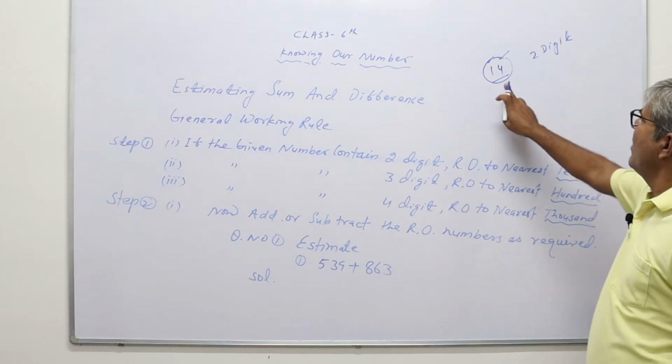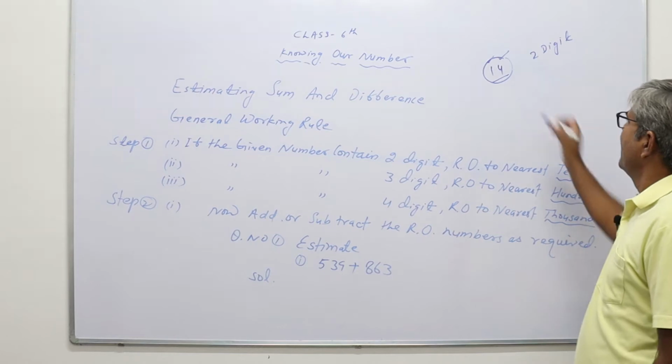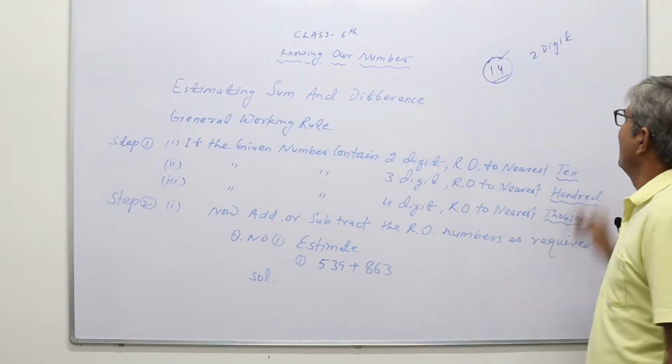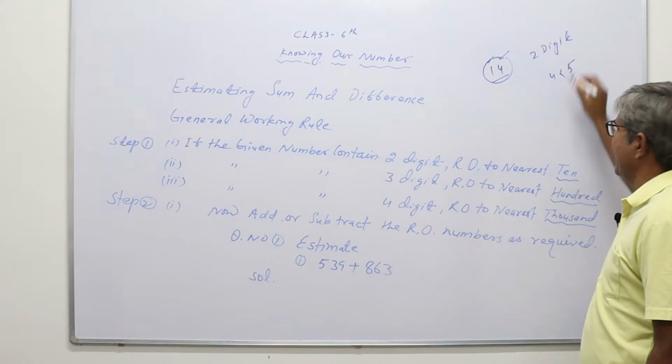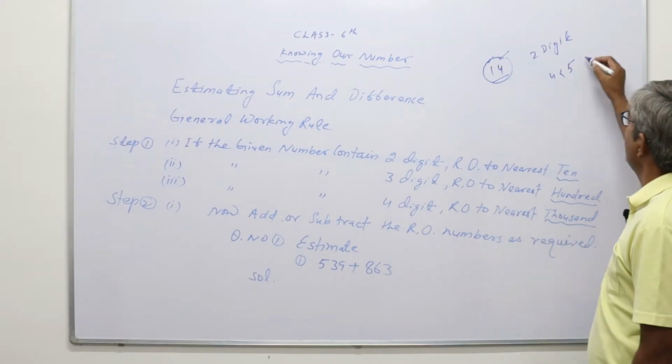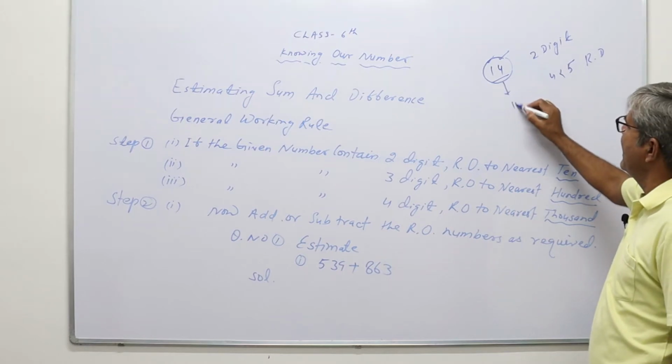Now to round off this number, we will see the ones digit which is 4 and it is less than 5. So we will round down. So the rounded number will be 10.